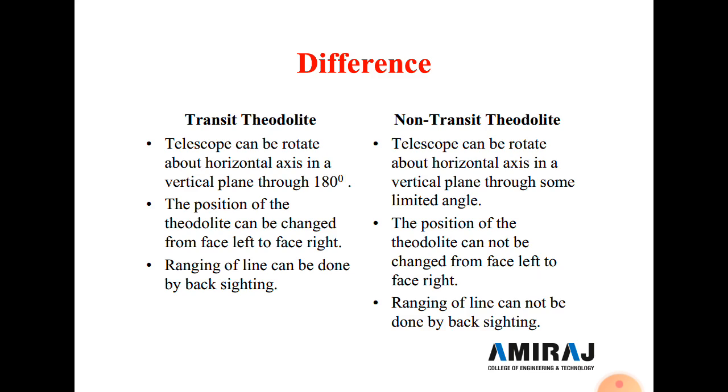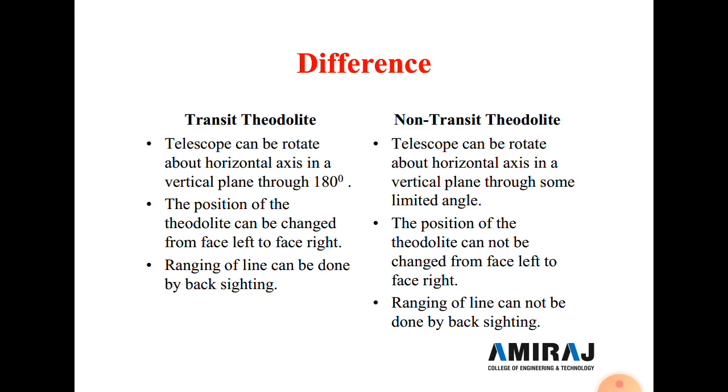Now next, in the G2 examination this type of question is asked in 7 marks or 4 marks: write the difference between the transit theodolite and non-transit theodolite. If the telescope can be rotated about the horizontal axis in a vertical plane through 180 degrees, it is known as a transit theodolite. And what is a non-transit theodolite?